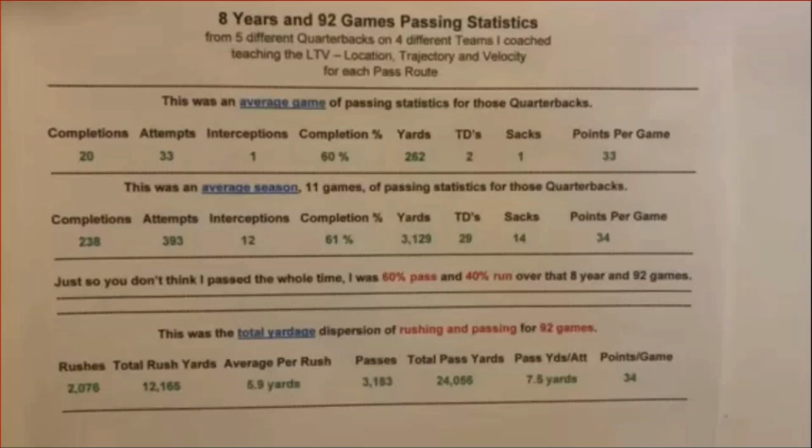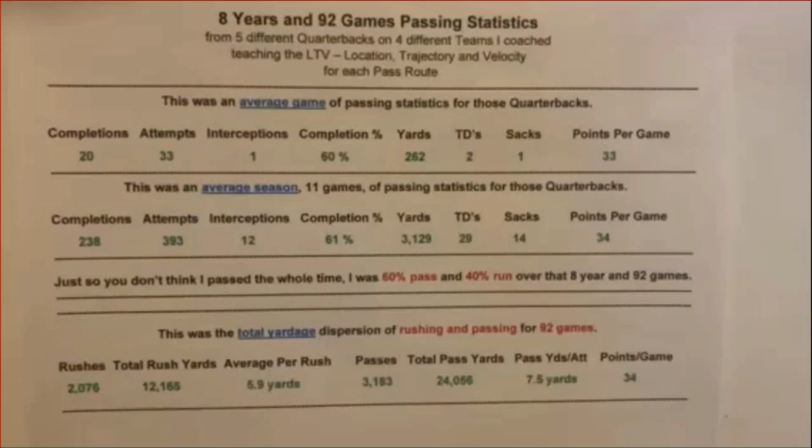So that was an average game, simply teaching a quarterback that every pass route has an LTV. That is a location where the defender can't get the ball, and once you see the location, you determine the right trajectory and velocity needed for that pass based on where the defender is playing that route.